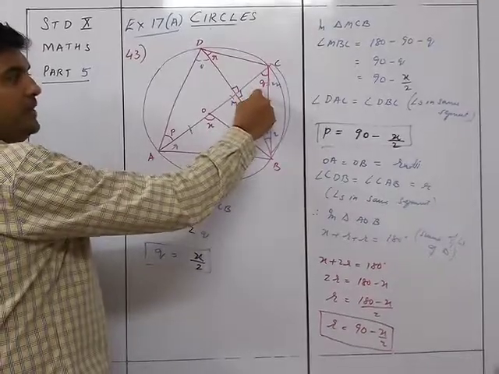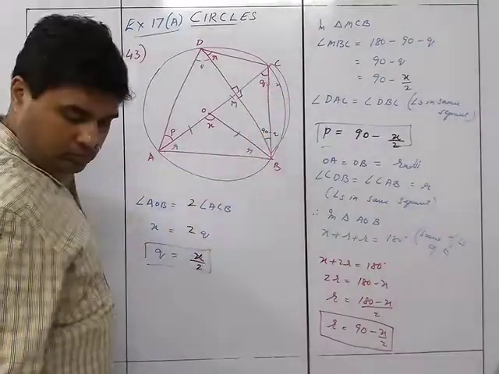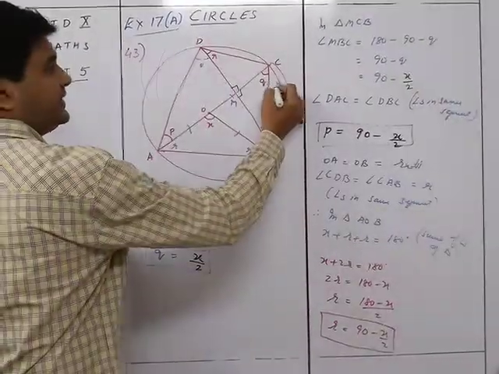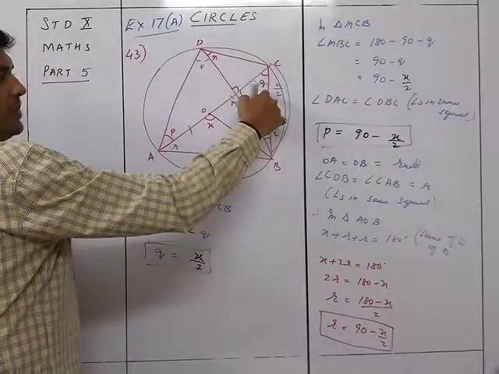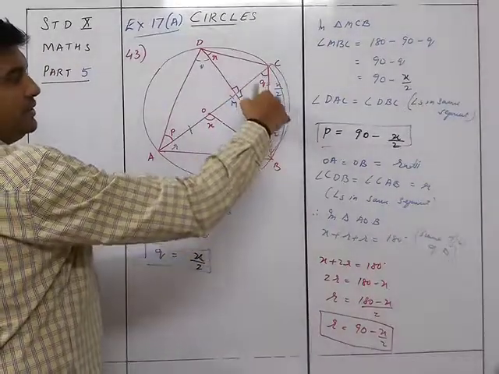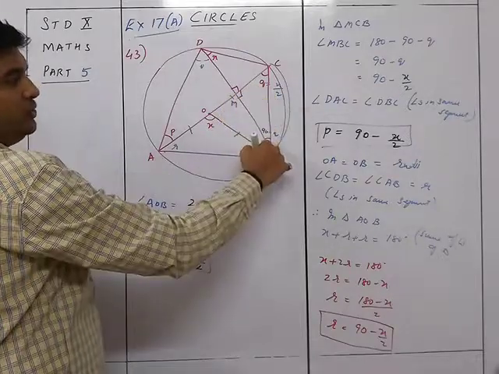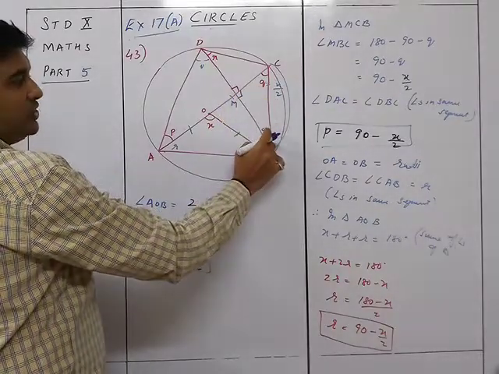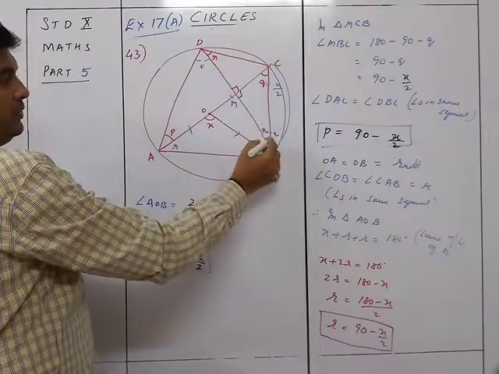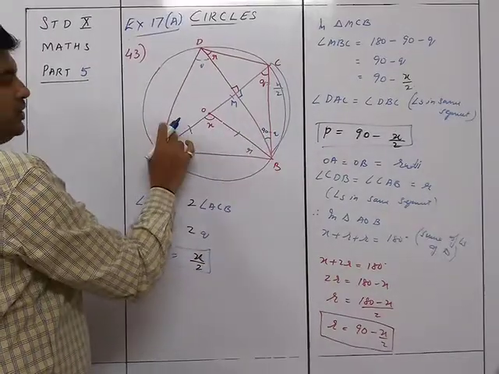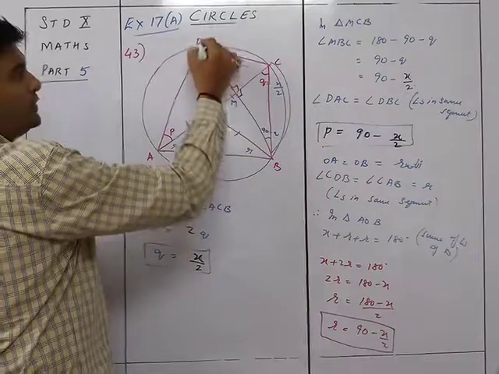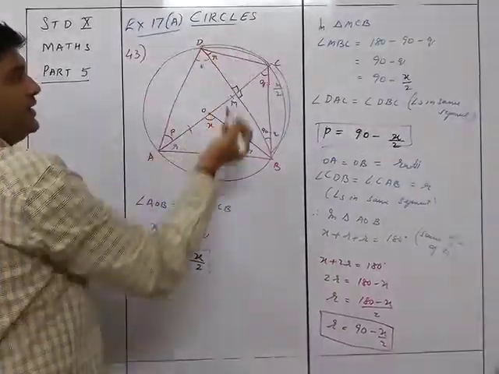So I'll just go again. This is x, so this will be x upon 2 because it is at the circumference. So automatically x upon 2. Now I know that if this is q and this is 90, so this will be 90 minus q. And this 90 minus q over here will be the same as p because both are subtended by the same arc DC.